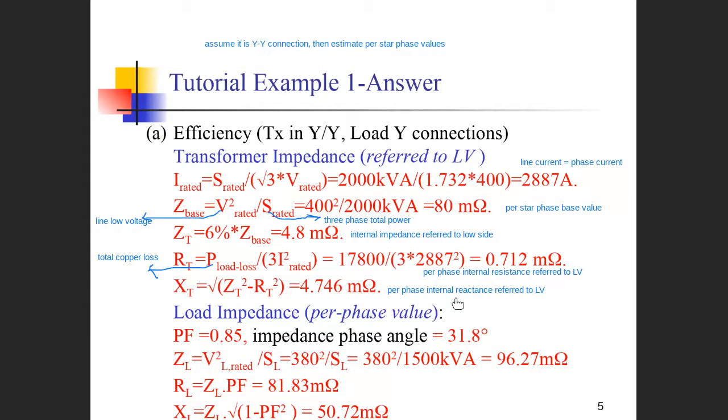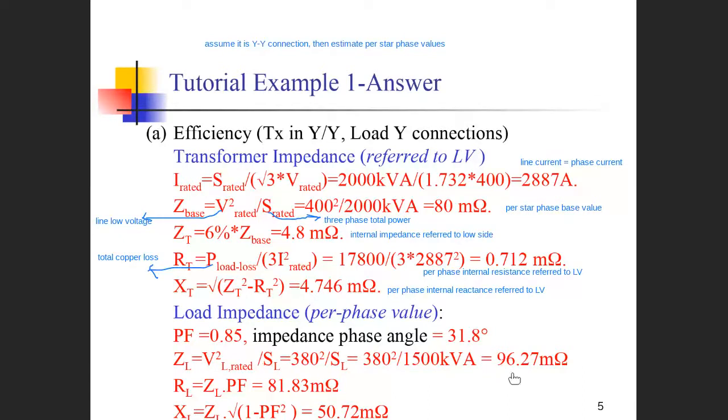Similarly, for the load, it is given that the load power factor is 0.85, and the impedance angle can be found out. And the loading is given as rated at 380 volts, the loading line voltage, and the total rated power, which is 1,500 kVA.